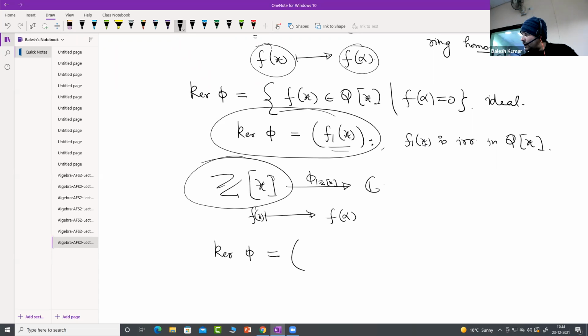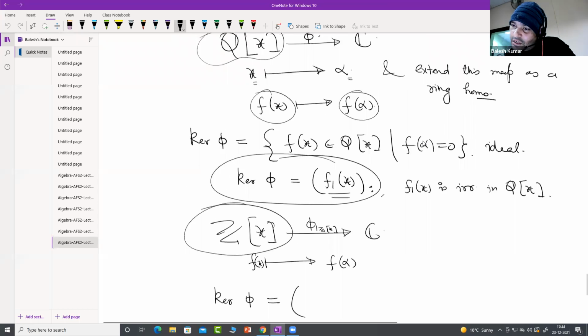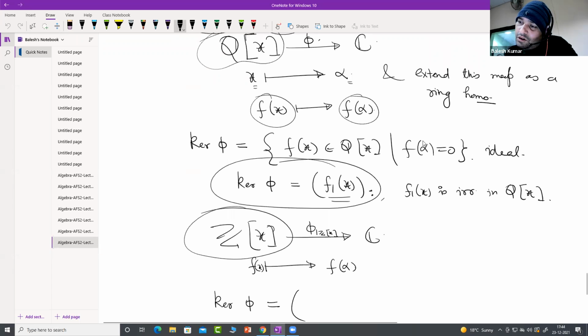First of all, whether the kernel of phi will be a principal ideal or not? If yes, then what will be the generator? That makes very much sense to ask, because it is not obvious at all in Z of x, though it was obvious here that it will be a principal ideal because Q of x is a PID. So what is your guess?